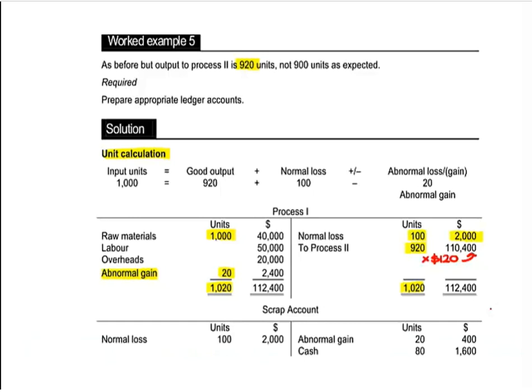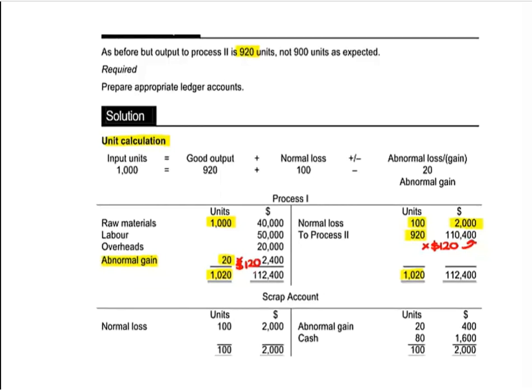So that gives us our amount transferred to process 2 of $110,400. So we also need to remember to value our abnormal gain at $120, and that is going to be popped in on the debit side so that we have a total of $112,400 on both sides.